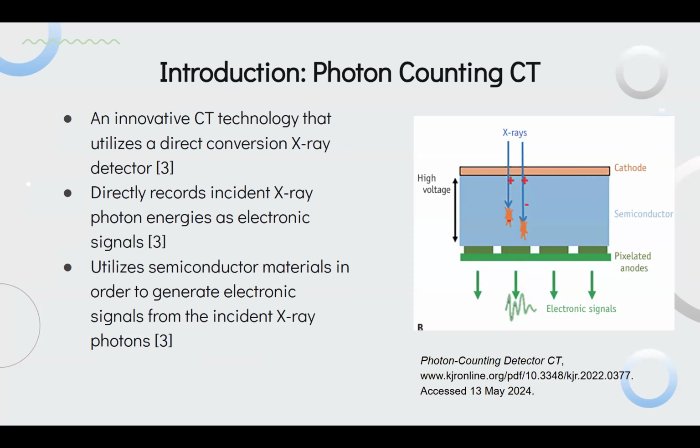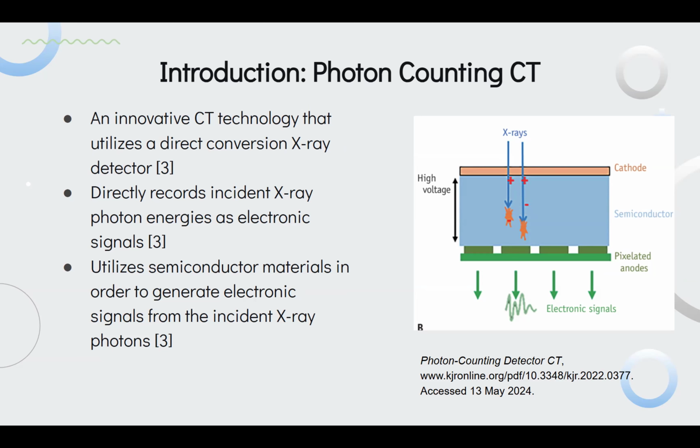And continuing on with the introduction, I'll briefly go over photon counting CT. So photon counting CT is an innovative CT technology that utilizes a direct conversion X-ray detector, and the PCD directly records incident X-ray photon energies as electronic signals, which provides more precise data, which we call direct energy recording.